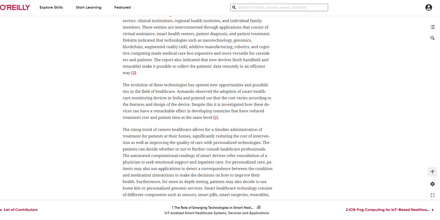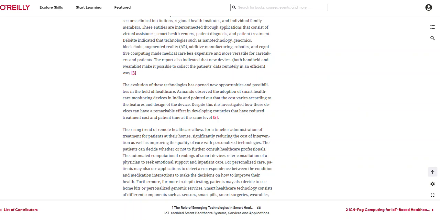For interoperability, organizations like HL7 and IHE are developing standardized frameworks such as FHIR, which represents Fast Healthcare Interoperability Resources, which defines how healthcare information can be exchanged between devices and systems.